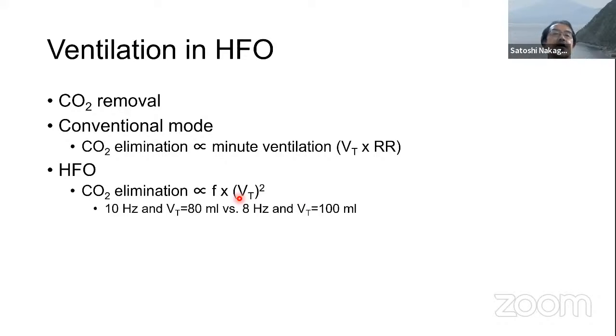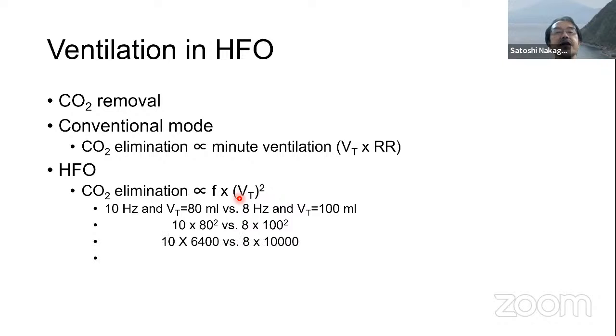So when we compare 10 Hertz with a tidal volume of 80 ml and 8 Hertz with a tidal volume of 100 ml, when we calculate this frequency multiplied by the square of the tidal volume, it's going to be like this.